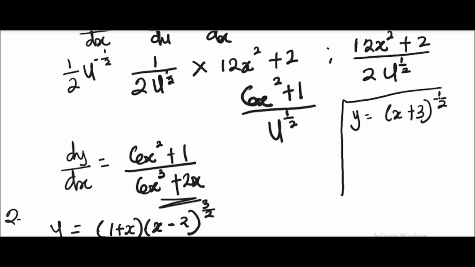You should just bring down the half and do it like normal differentiation. Then if you subtract 1 from half, you have minus half. Then if you choose to rewrite, you will have 1 over 2 into x plus 3 raised to the power of half, right?